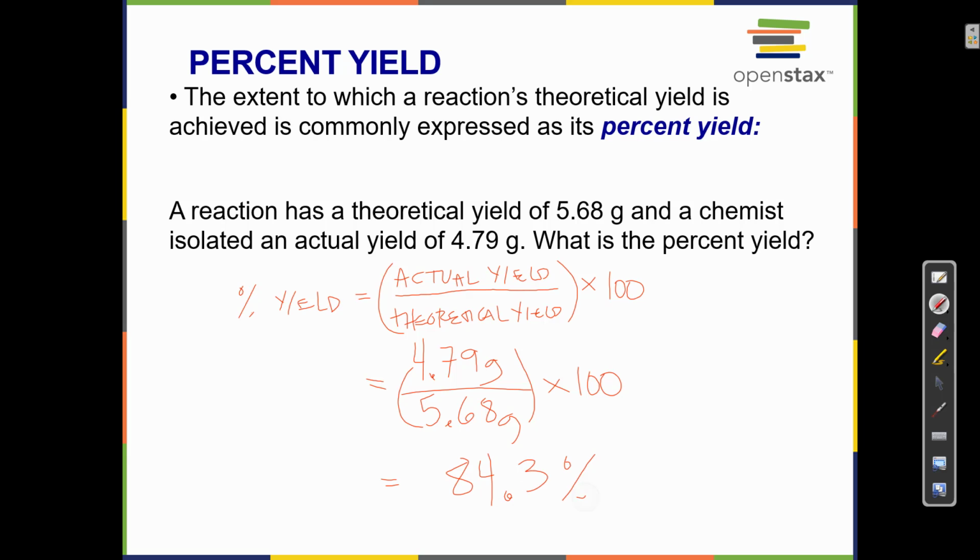So, although in this reaction it was possible to get 5.68 grams of product, according to how much reactant I started with, I was only able to isolate 4.79 grams. So 4.79 divided by 5.68 is 84.3%.